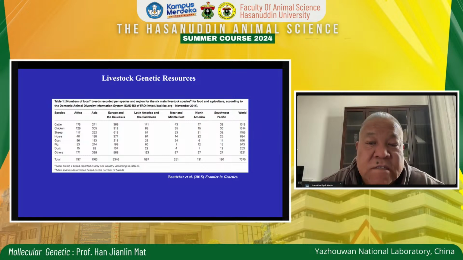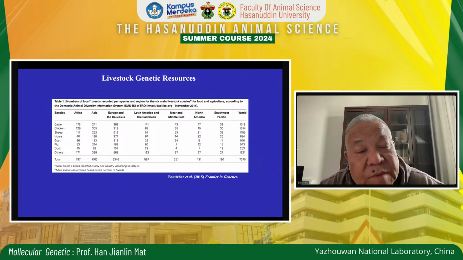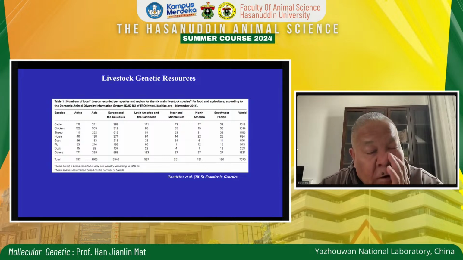And we know clearly that the commercial layers and commercial broilers cannot survive under the backyard or scavenging system. Therefore, we have to maintain our local breeds for the future.